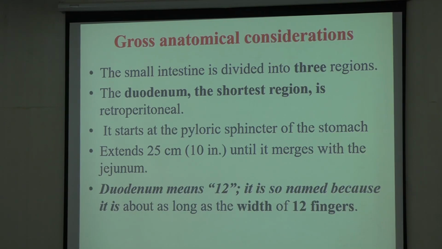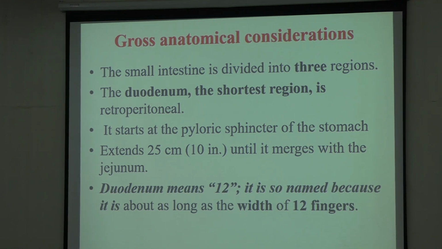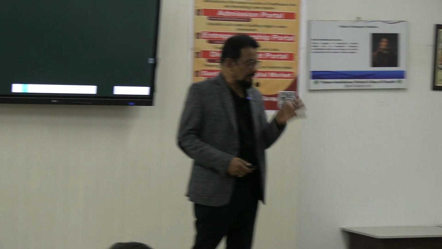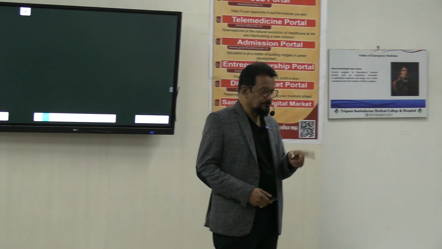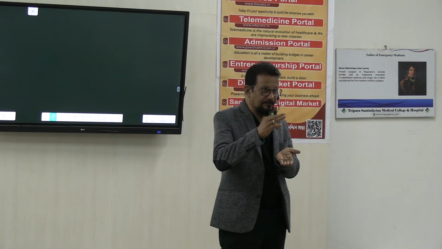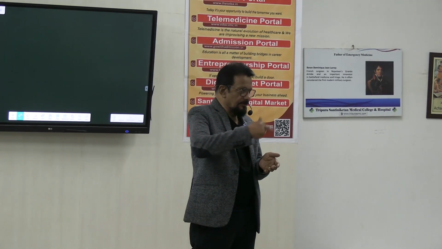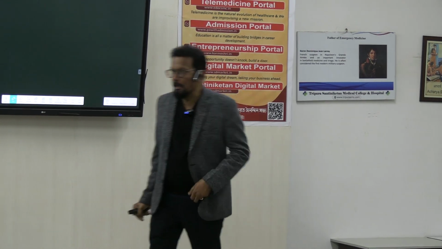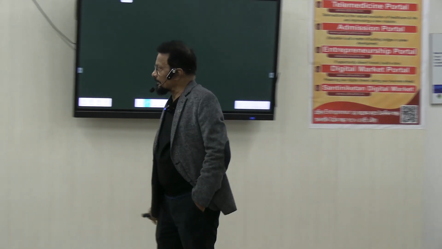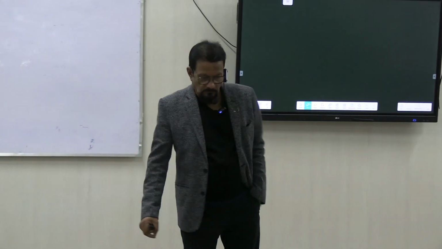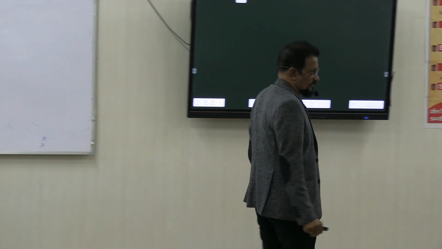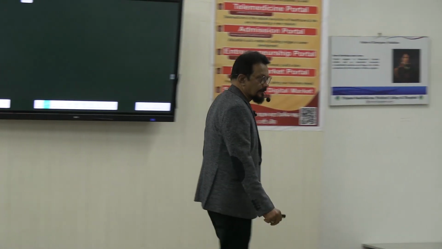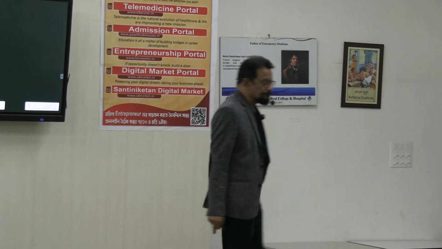So we know the small intestine has three parts. The initial part is after the stomach. So what is the initial part? Duodenum. It is about 25 centimeters long and almost C-shaped. And thereafter, the next part will be the jejunum. It is about 1 meter in length.